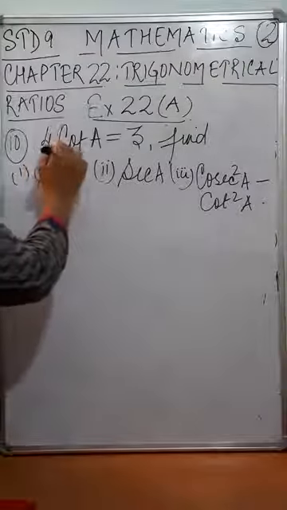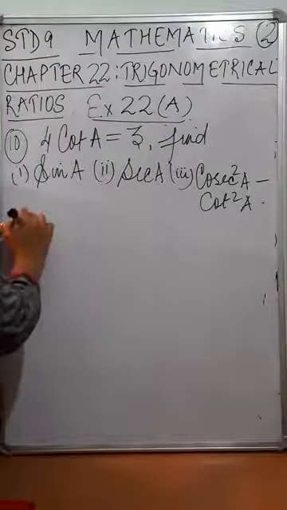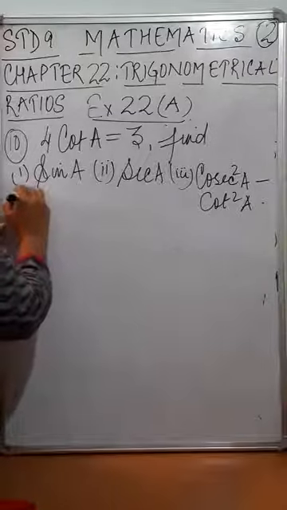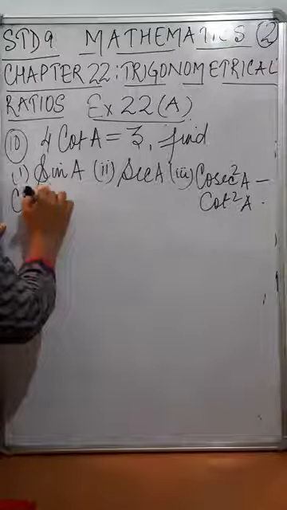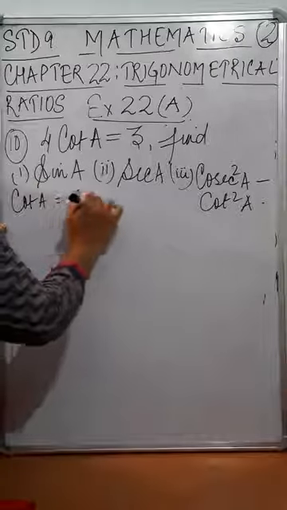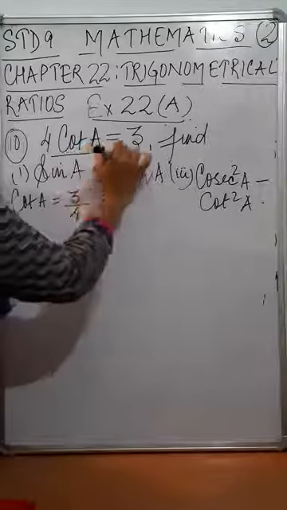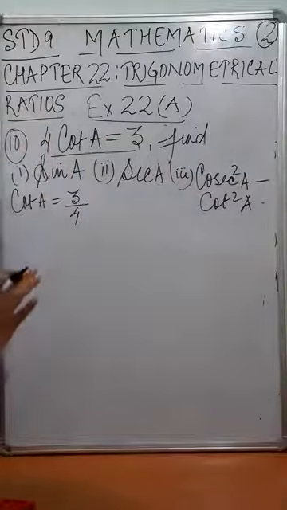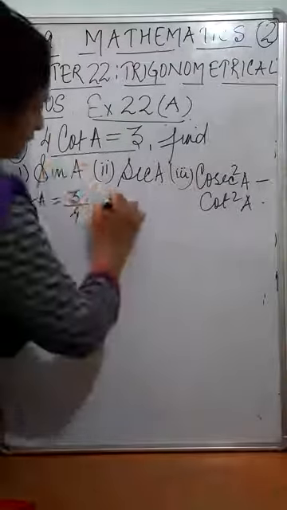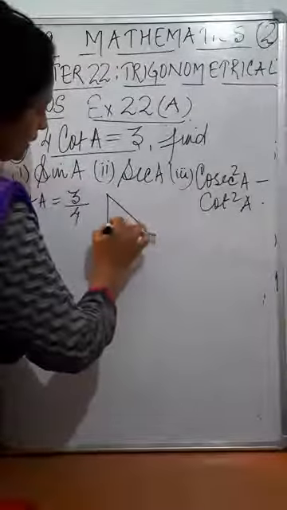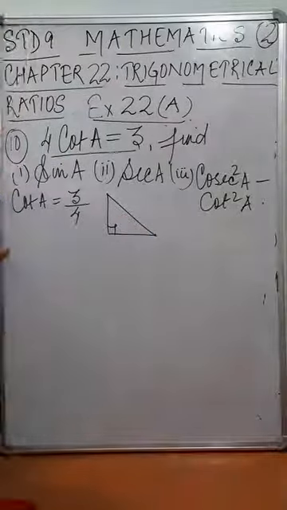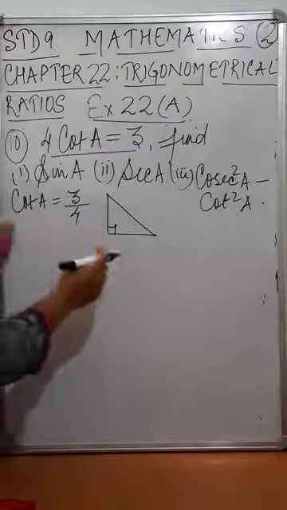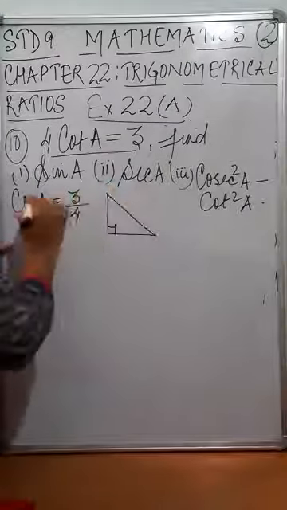Now let us apply the identity which we are given. First, cot A will be equal to 3 by 4. Now, draw the right angle triangle. It will be easier for you to assess the other trigonometrical ratios.